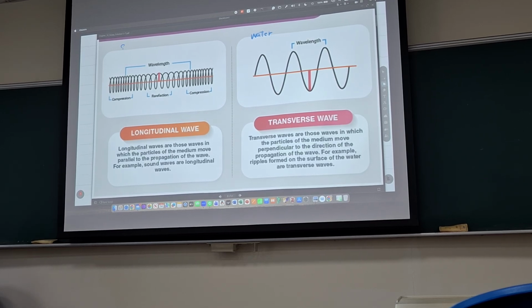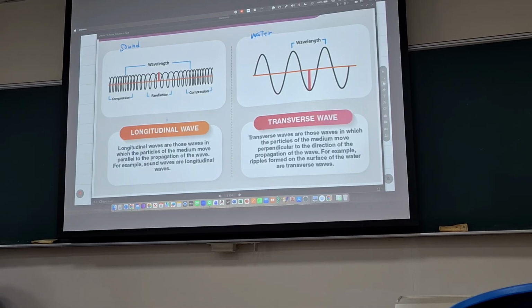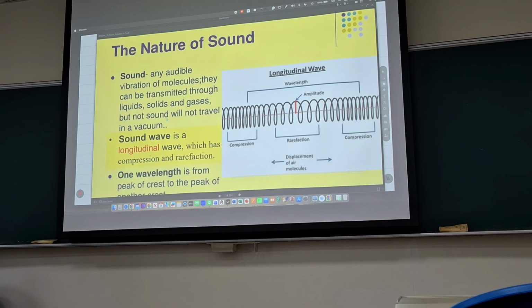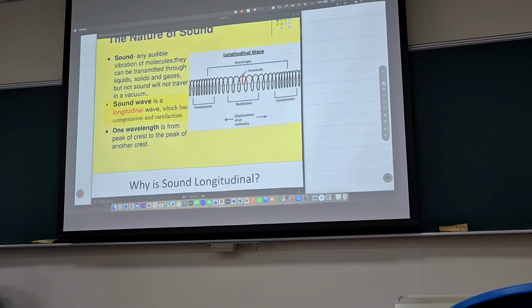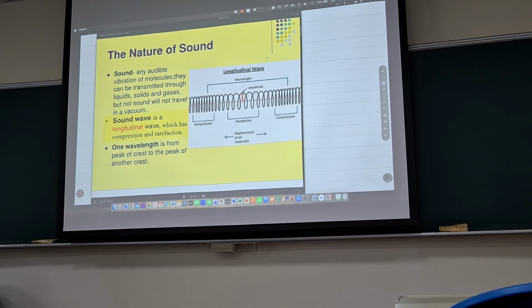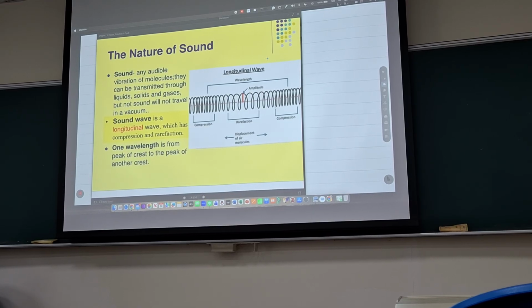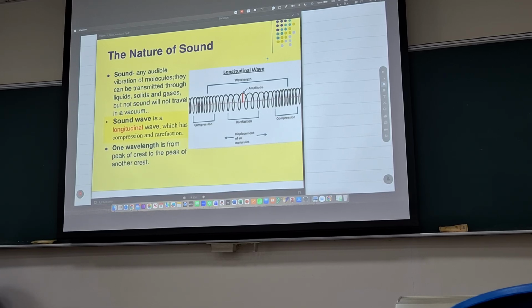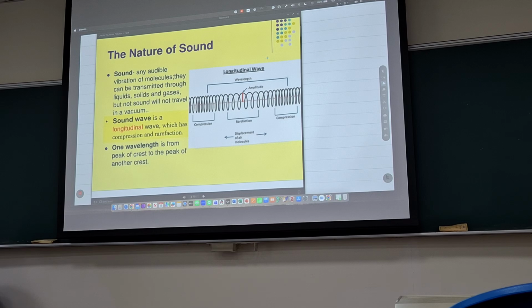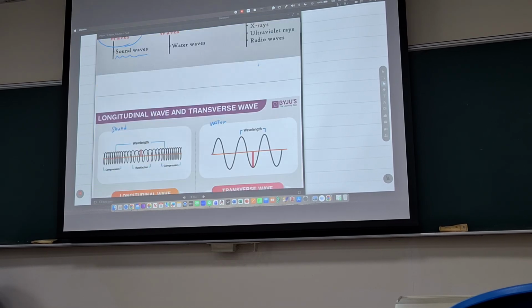And the sound wave is longitudinal. Understand? Okay, so let's see some nature of sound. Sound is a vibration of molecules.